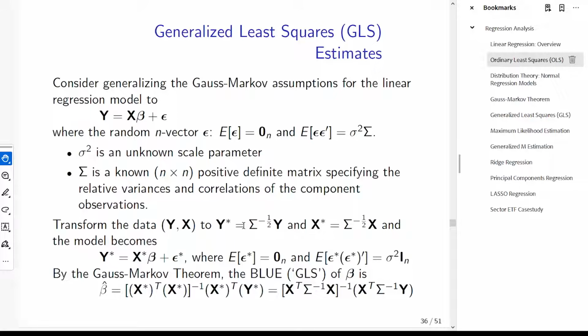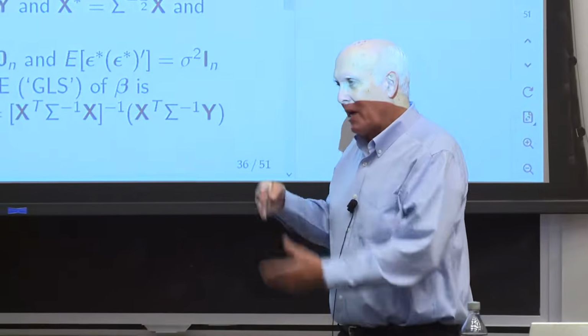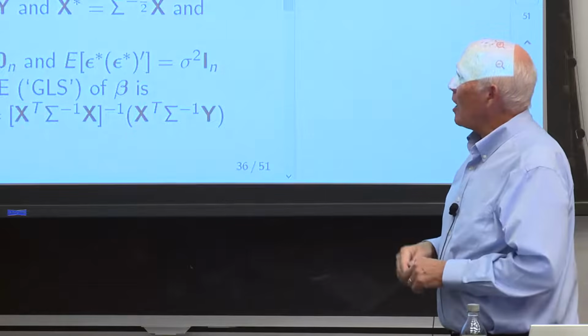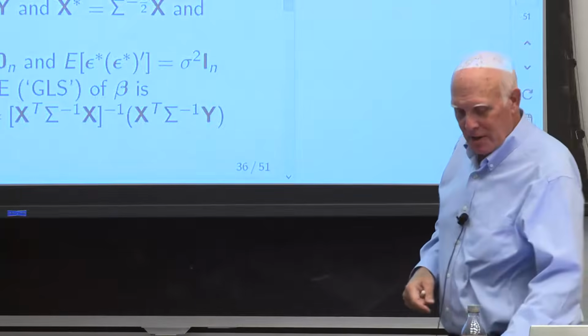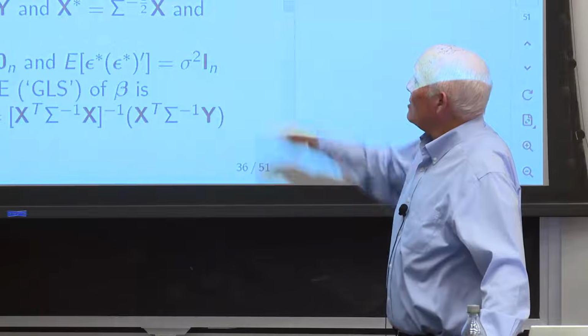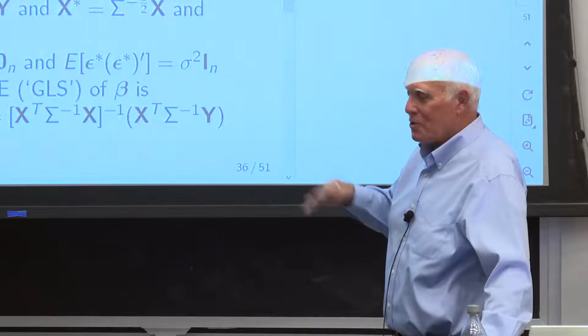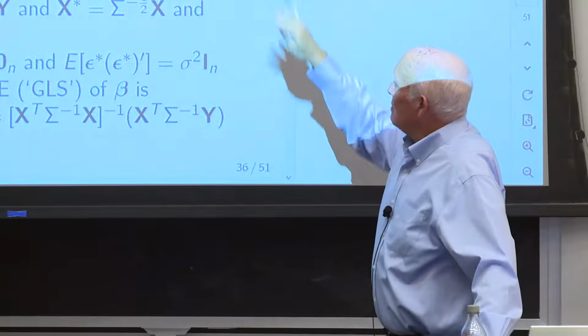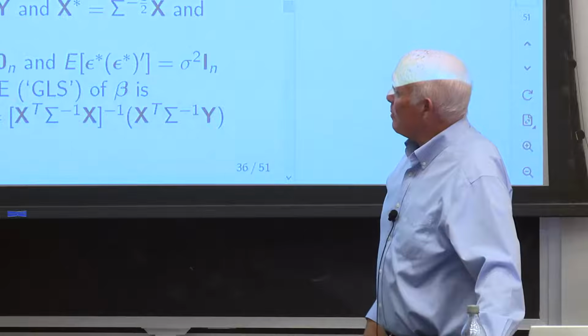And this kind of covariance structure in error terms actually arises frequently in time series modeling, where we're ordering our data by time, and values of the error that are observed at nearby times are more correlated than those at faraway times. And the covariance structure of those errors might be systematically represented by a multiple of a known sigma matrix.